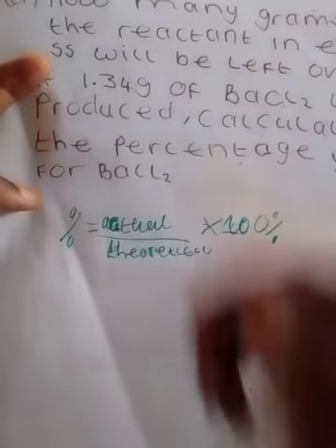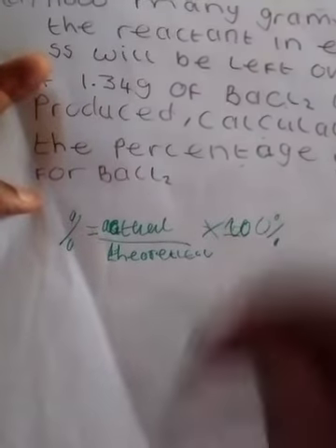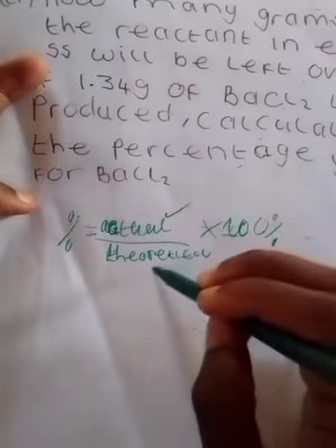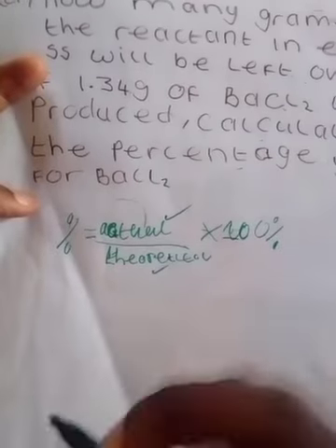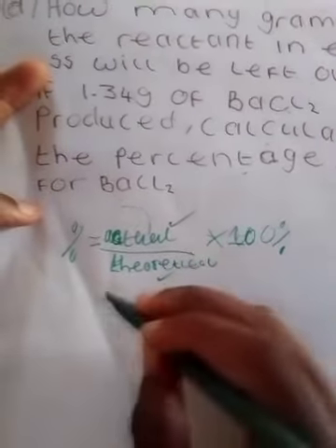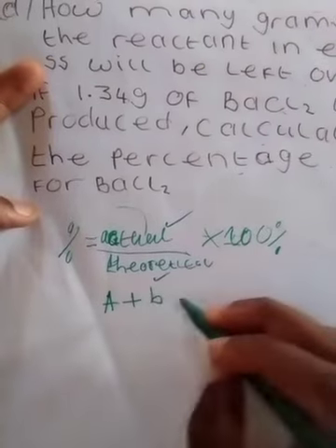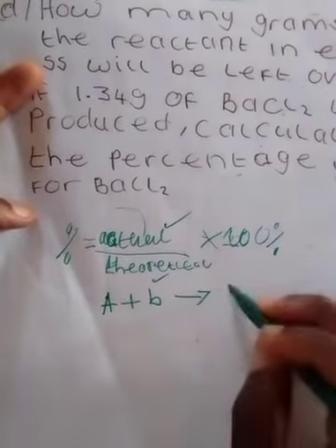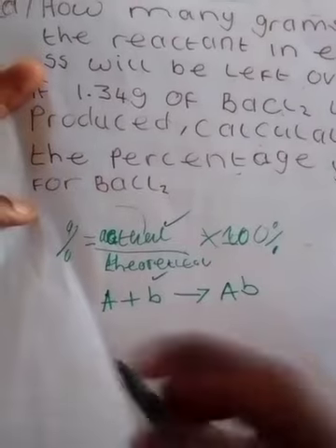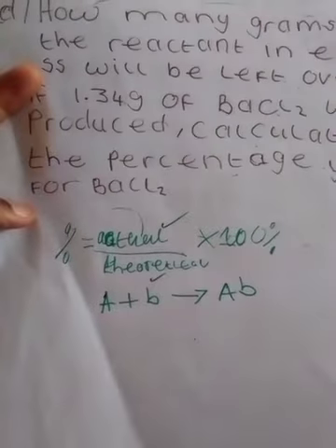What are these? So, in a reaction, let's say maybe I want to react A with B, so that I can produce AB. Chemists always do some sort of analysis. They check the reactants.